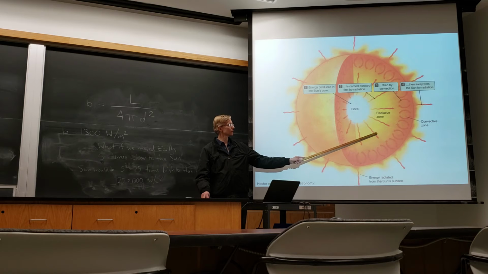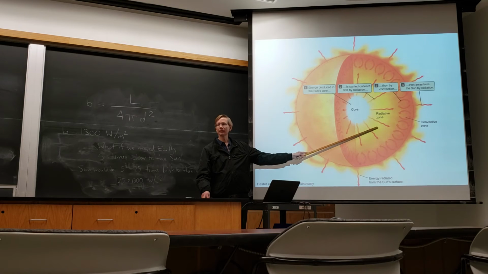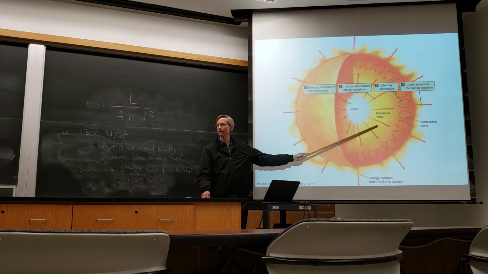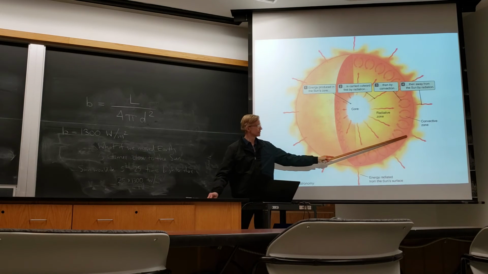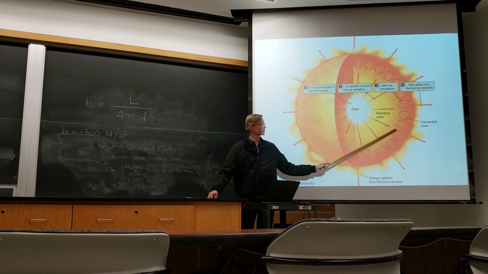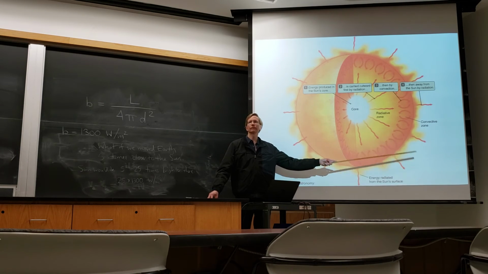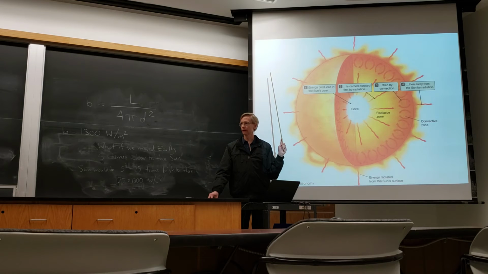So this hydrogen out there never gets down into the core to get used. This hydrogen circulates, but it doesn't go all the way down to the core, and so it never gets into the core to serve as fuel.